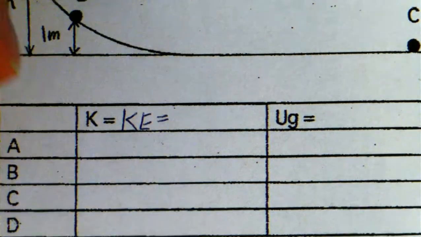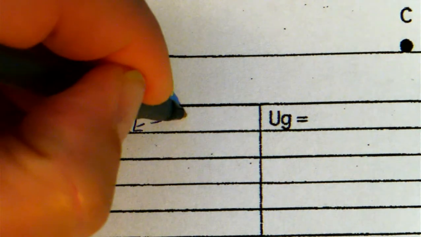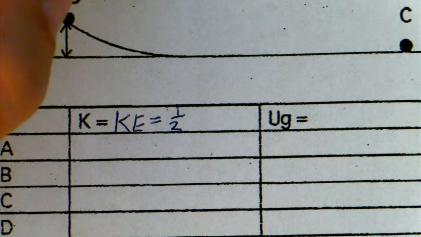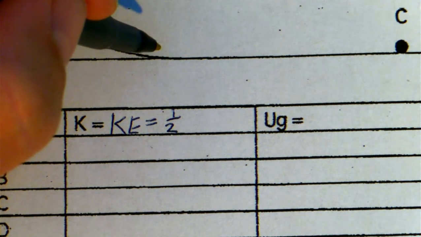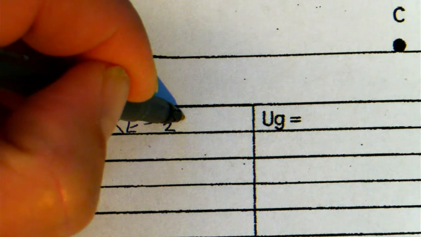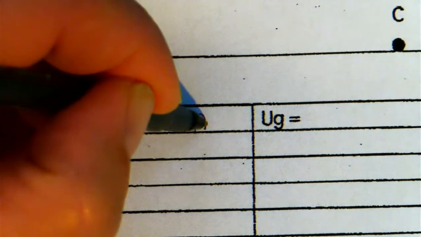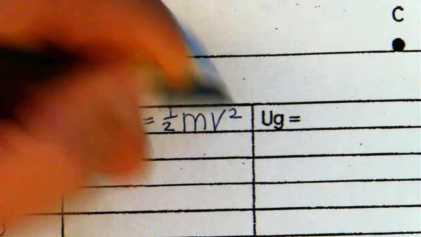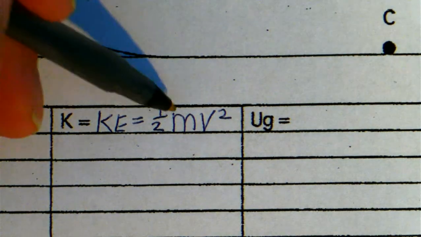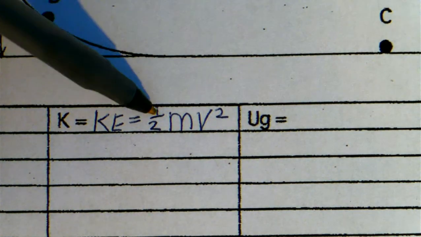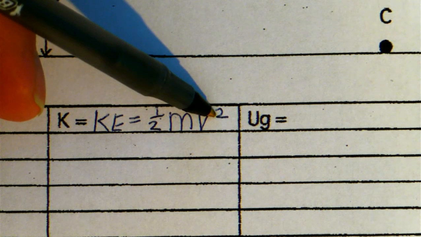And by the way, do you happen to remember the formula for kinetic energy? One half, right. One half times the mass times velocity squared.